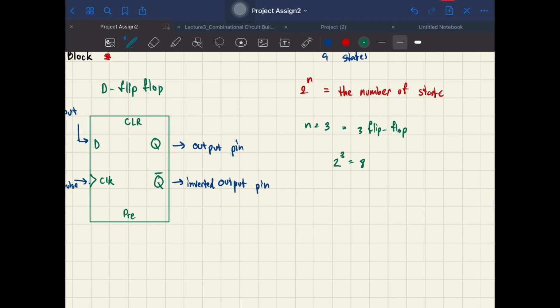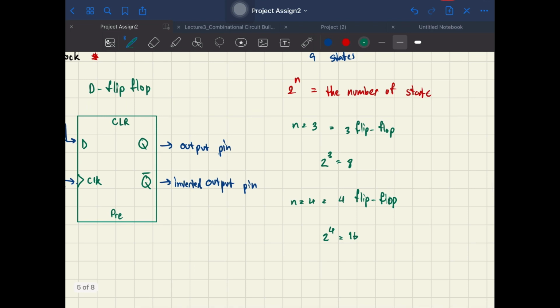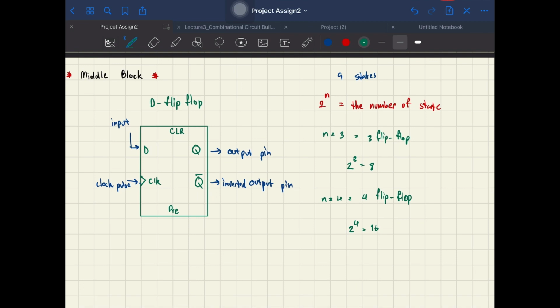Sorry, it is 4. N is equal to 4, which means 4 flip-flops. And 2 to the power of 4 is equal to 16. So 4 flip-flops can contain 16 states, so I can use 4 flip-flops in my logic diagram.